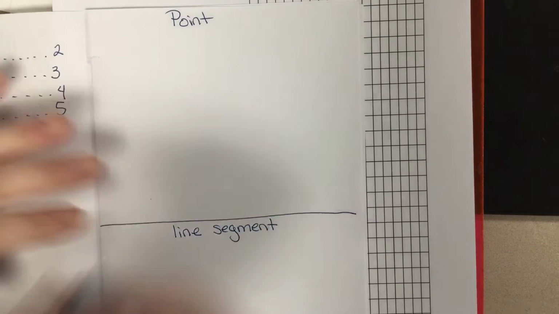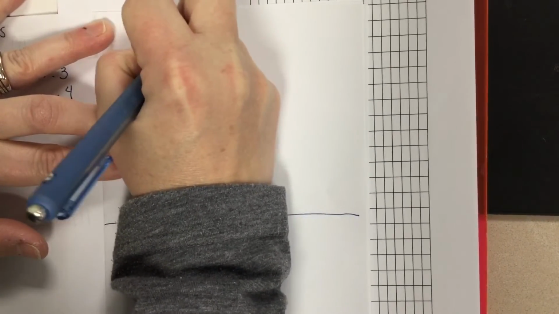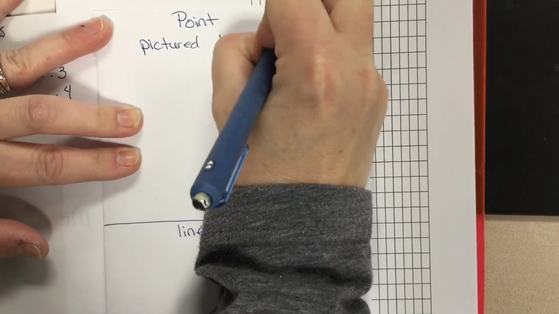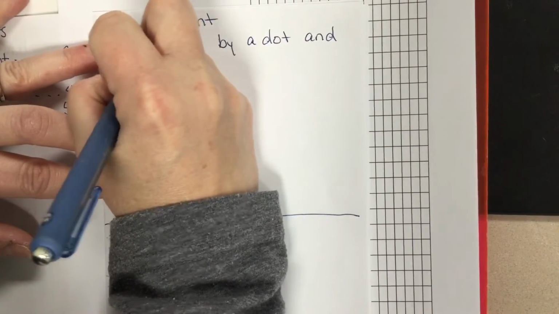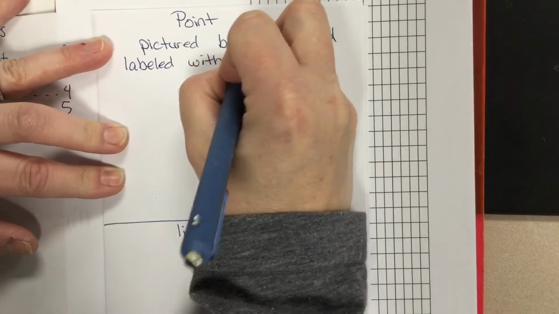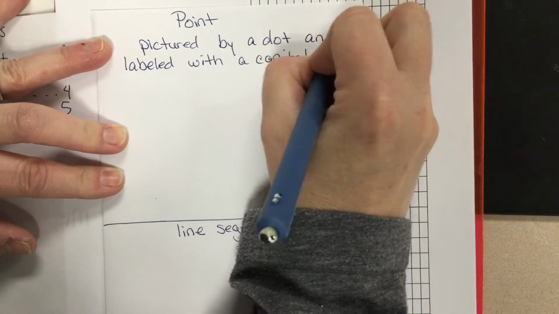So point is pictured by a dot and labeled with a capital letter.